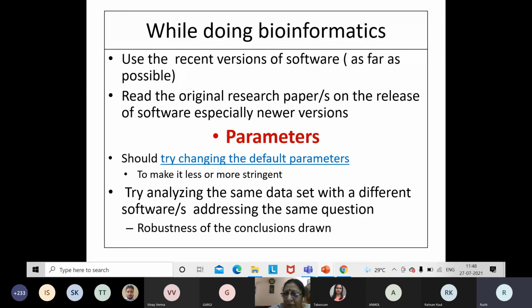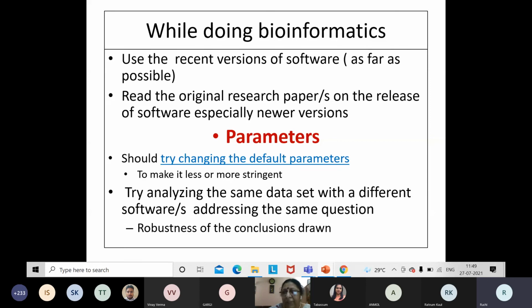Another advice I will give to all researchers or students who want to use bioinformatics is, whenever a software comes, very often there is a research paper which accompanies that software. That research paper gives you all the important points, all the premise of that software. What are the important features of that software? What are the do's and don'ts of that software?